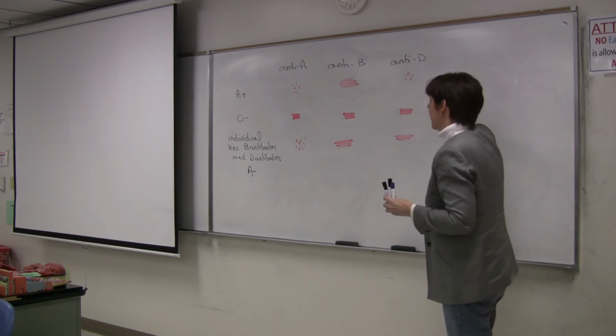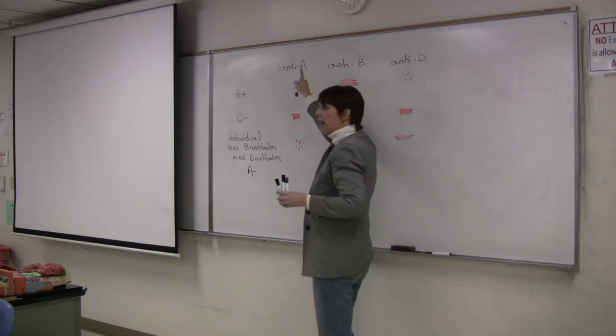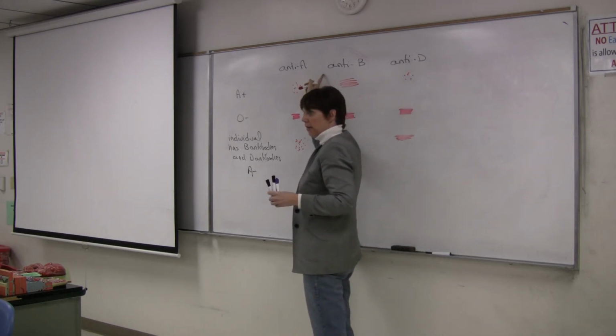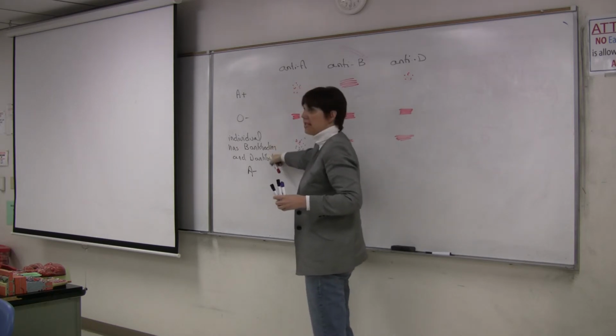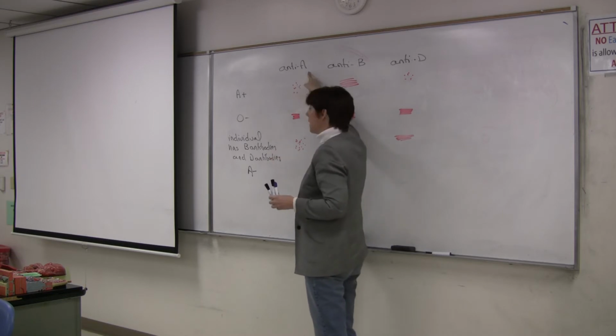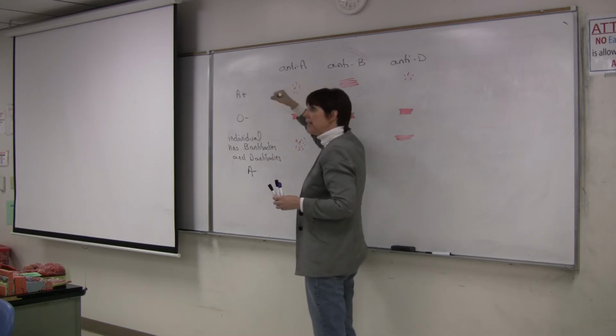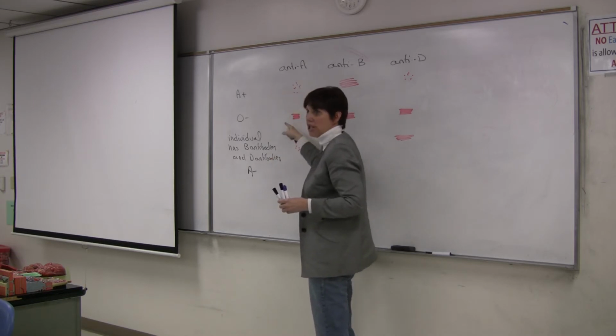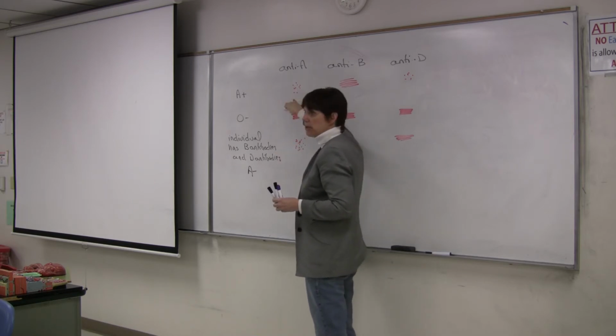The key thing to this is that even though we talk about antibodies, we are not concerned about the antibodies in the person's blood that we are typing. We are using these antibodies like magnets to search for the antigen on the person's cell. So when we find the antigen, we use that to identify their blood type.